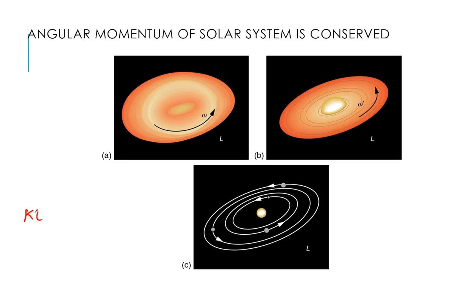Rotational: 1/2 I omega squared. Since we know the angular momentum is I omega, this is equal to 1/2 L squared over I.